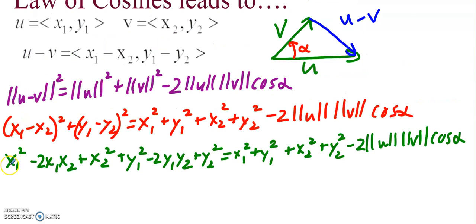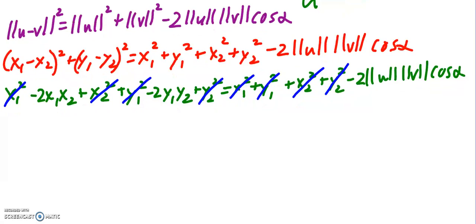Cross things out: x1 squared, x1 squared, y1 squared, y1 squared, y2 squared, y2 squared, x2 squared, x2 squared. Notice that everything has a coefficient of negative 2. So I have negative 2x1x2, negative 2y1y2, negative 2 magnitude u, magnitude v, cosine alpha.